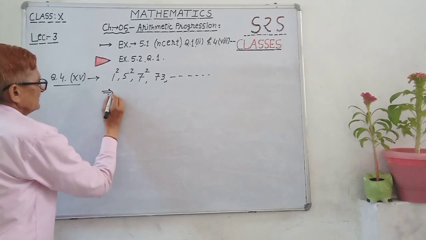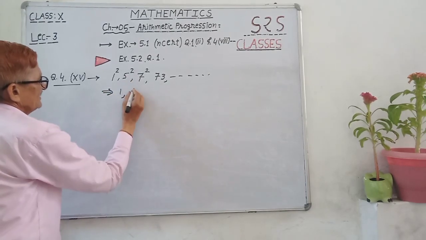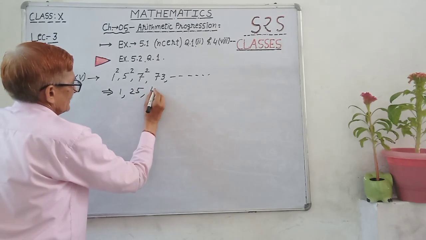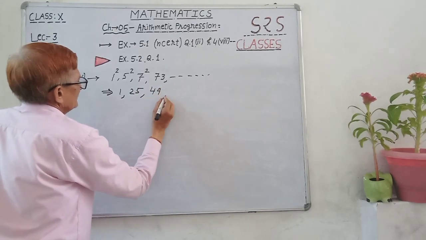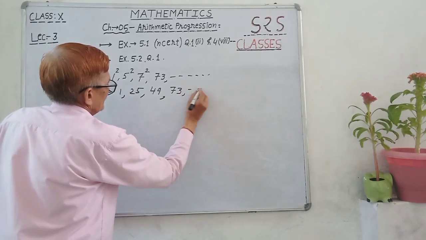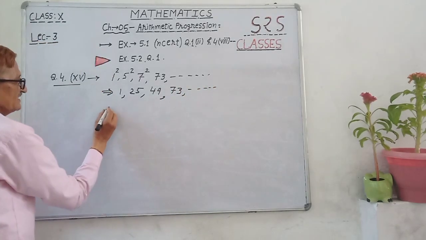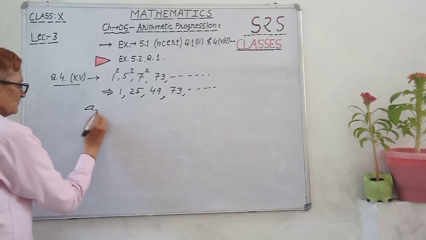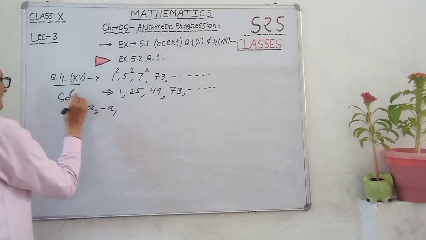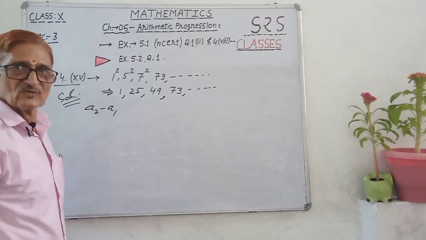This implies 1 square is 1, 5 square 25, 7 square 49 and 73. Okay. This implies this. So A2 minus A1. Solution. Okay. A2 minus A1.